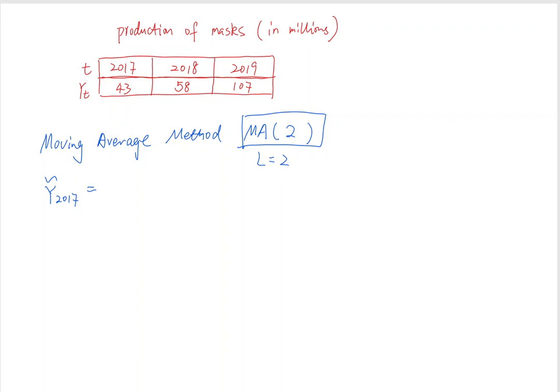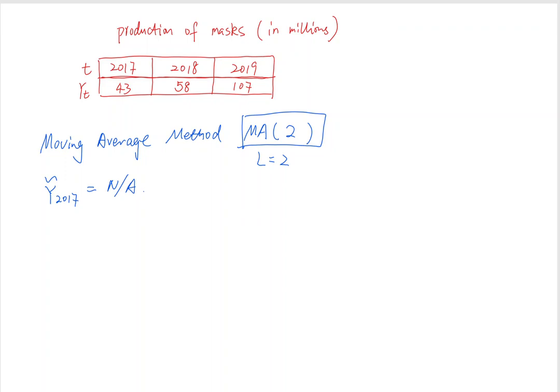So to get the estimated value of 2017, you need to average the observed value of 43 and the observed value in 2016. Since we do not have any value for 2016, you cannot get the average of 2, so in this case it's not applicable.